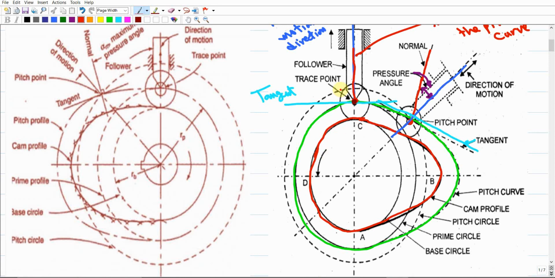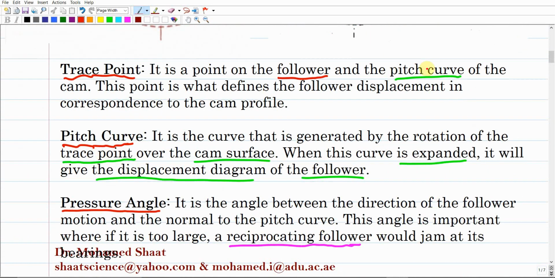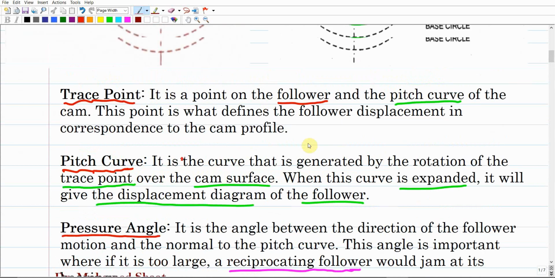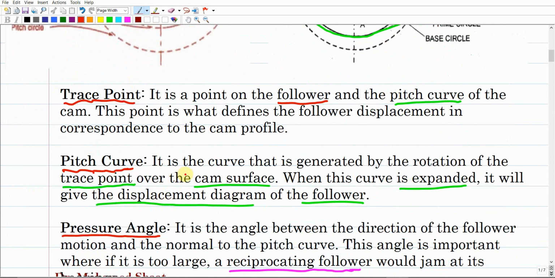So this trace point is the essential point that should be traced over both. The cam profile also should trace the displacement diagram of the follower. Since we are talking about the pitch curve, the green curve, which is parallel to the cam profile, it is the curve that is generated by the rotation of the trace point over the cam surface.